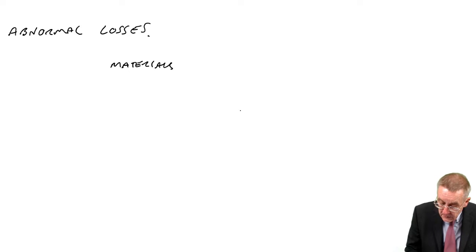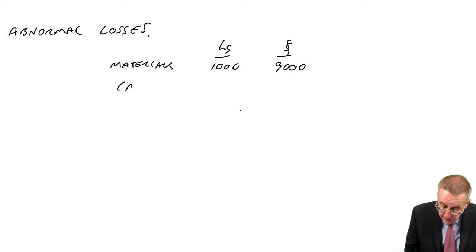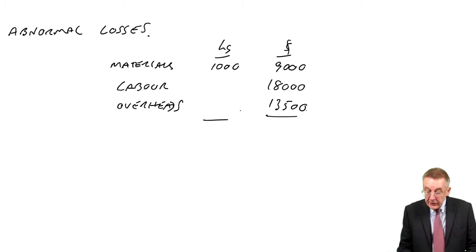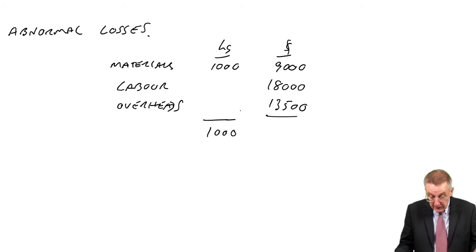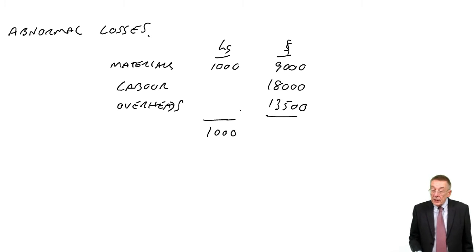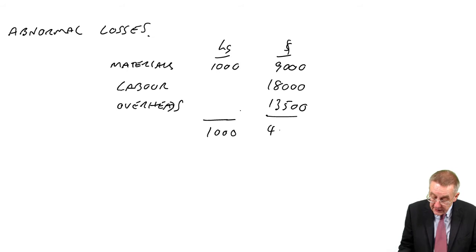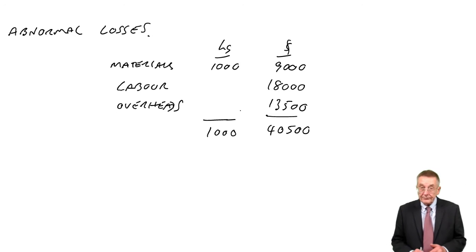Materials, 1,000 kilos, $9,000. Labour, 18,000. Overheads, 13,500. So at that stage, 1,000 kilos at a total cost of 40,500.